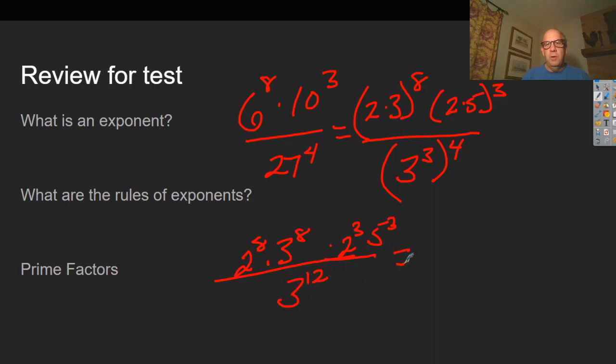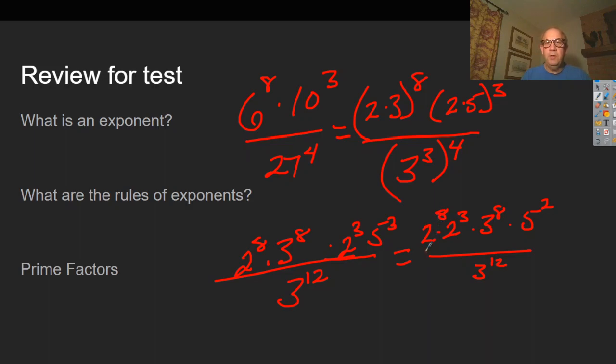Okay. So let's combine all of our stuff. I've got 2 to the 8th here and 2 to the 3rd here, so I can multiply those together. 2 to the 8th times 2 to the 3rd times 3 to the 8th times 5 to the 3rd over 3 to the 12th, right?